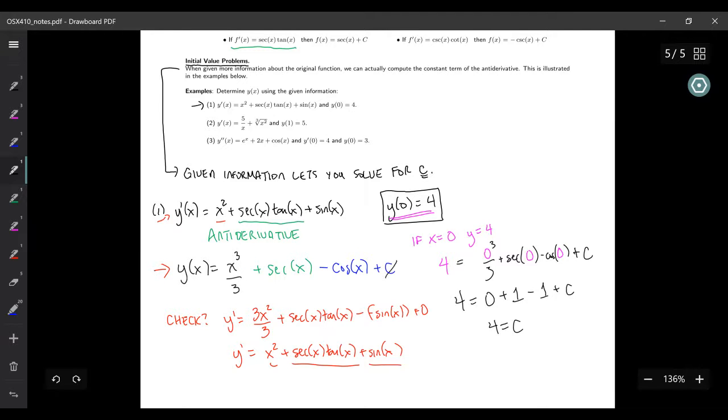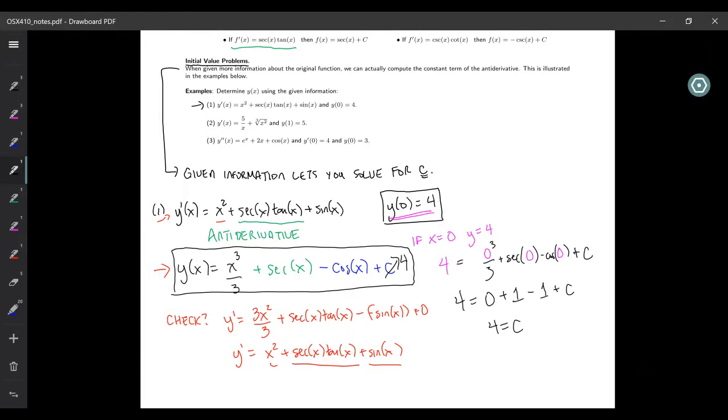So that means that this function, I can actually change this. Right, so this function is now not dependent on a random constant. This extra information tells me that the constant is equal to 4. Okay. Right.